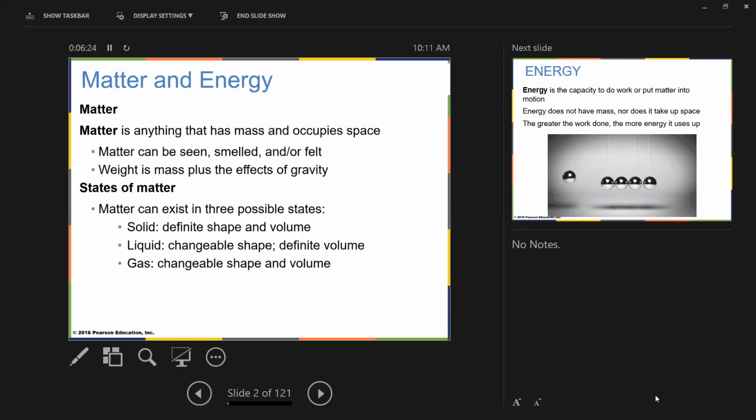So solids have a definite shape and volume. You pack things away in a box to ship it out. You try to fit everything into the box. Everything has a definite shape and volume. It takes up space.